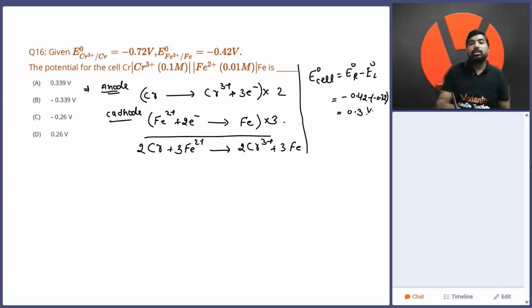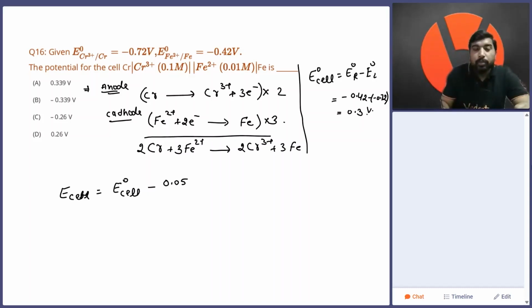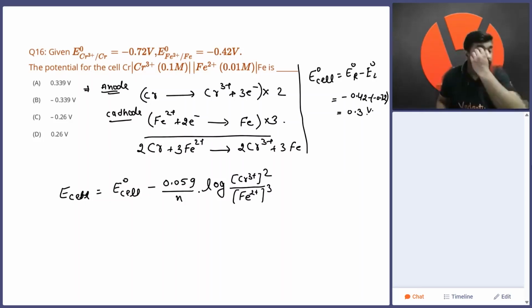We know the equation to calculate the cell potential: E cell is equal to E naught cell minus 0.059 divided by n, into log of Cr3+ whole to the power 2 divided by Fe2+ whole to the power 3.